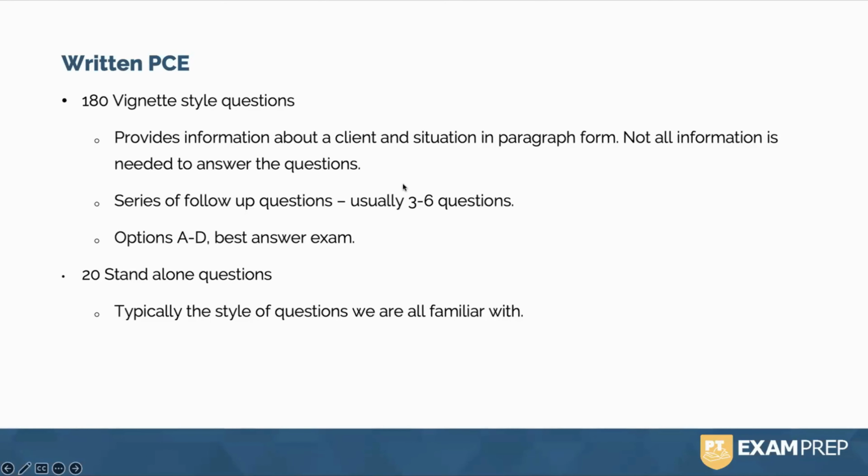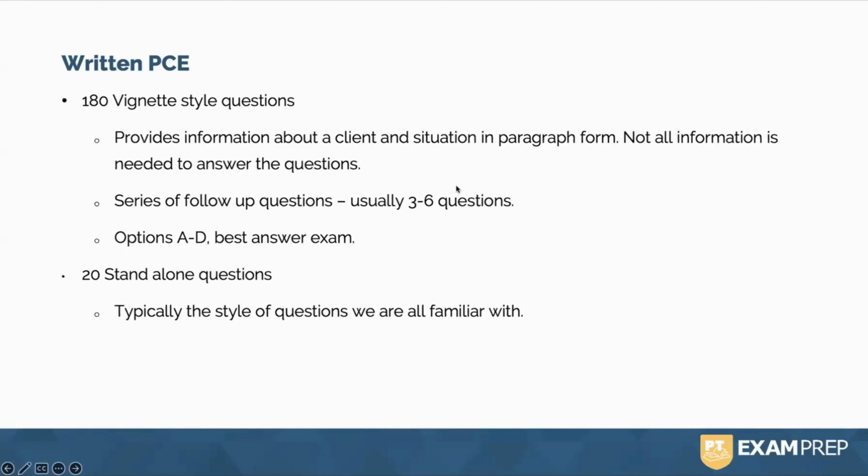So the exam has 180 vignette style questions and then 20 standalone questions. Standalone questions are typically the things that people are most familiar with. It's something you've probably grown up with throughout your academic career, taking tests or questions like this.